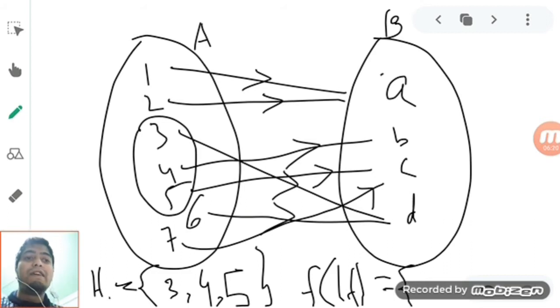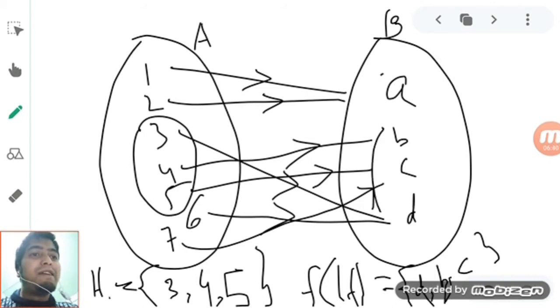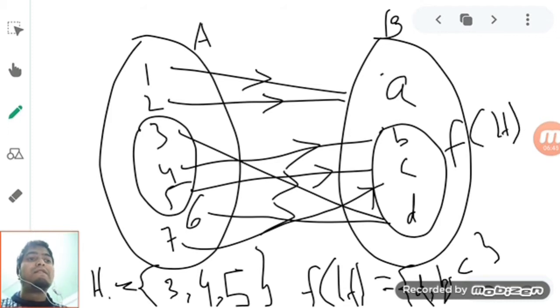As you can see, 3 goes to D, the image of 4 is B, and the image of 5 is C. So the image of H, f(H), will be D, B, C. I hope it is clear what an image is.